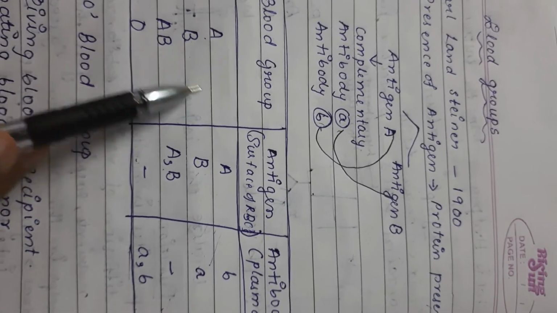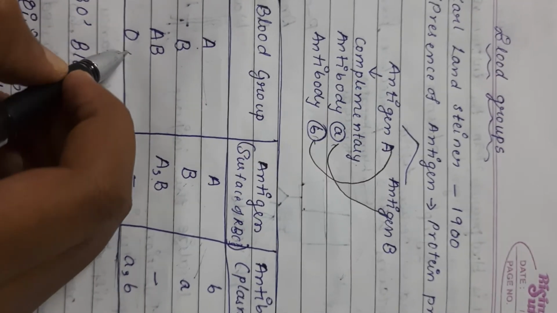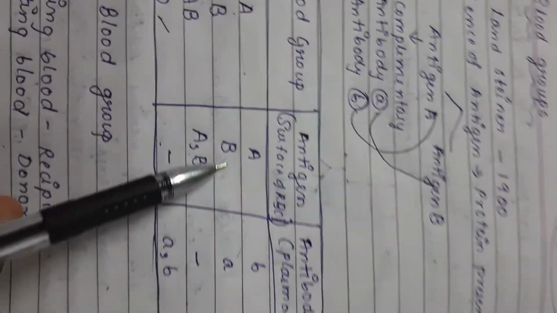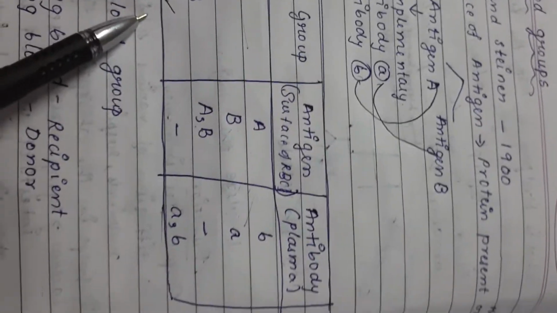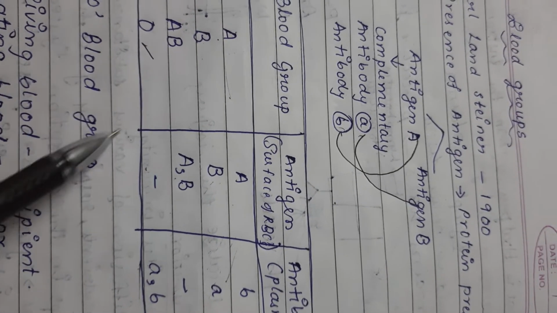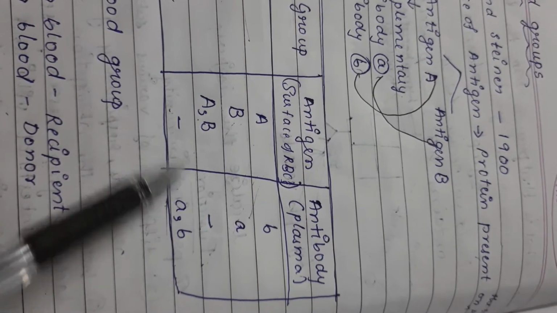But B can receive from B and also from O. AB can receive from A, B and O because it doesn't have any antibodies to fight with.